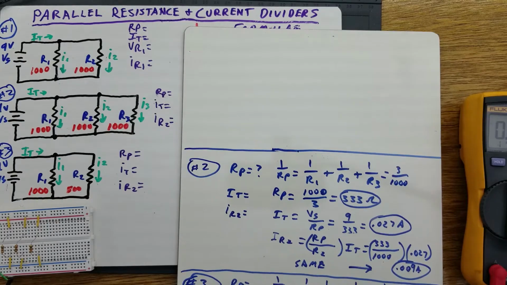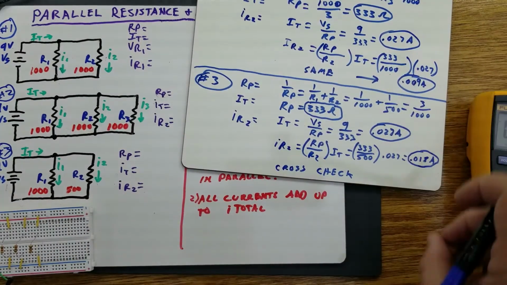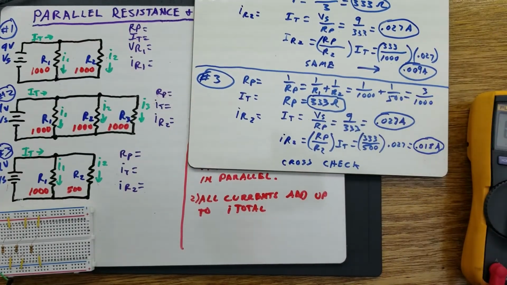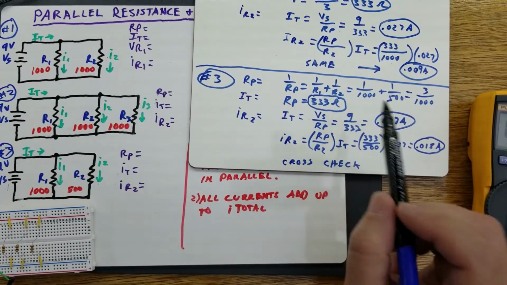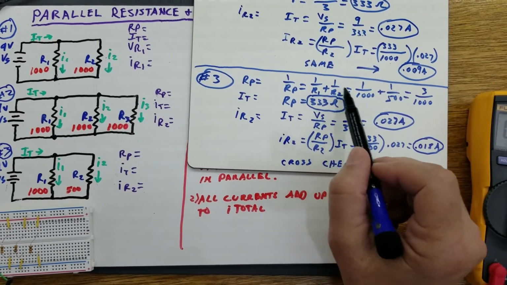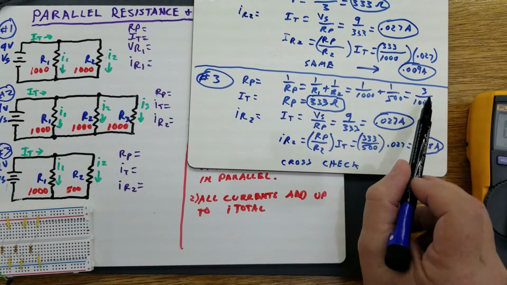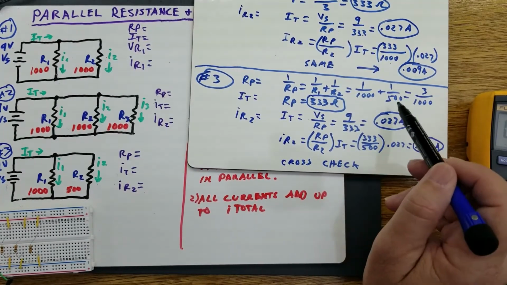Let's go ahead and calculate the parallel resistance there. And parallel resistance here is going to be 1 divided by R1, 1 divided by R2. This is 1 divided by 1,000, 1 divided by 500, and 1 divided by 500 is 2 divided by 1,000, actually.